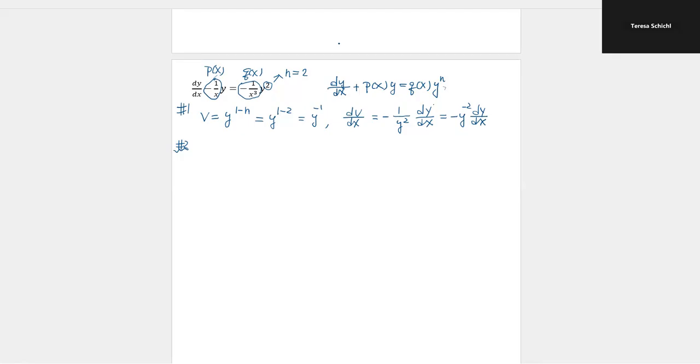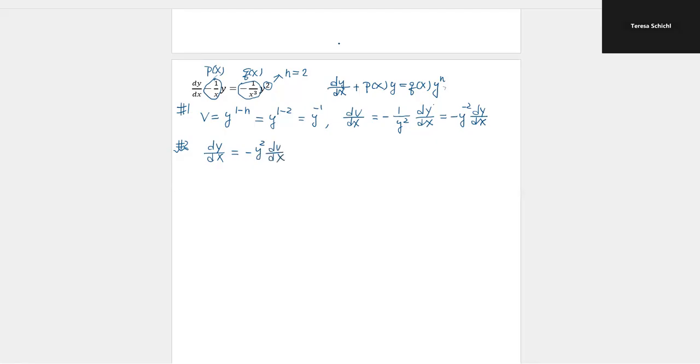So dv dx is equal to negative y to the negative 2 dy dx. In order to find dy dx, I can just multiply both sides by negative y squared. So then this will be negative y squared dv dx.